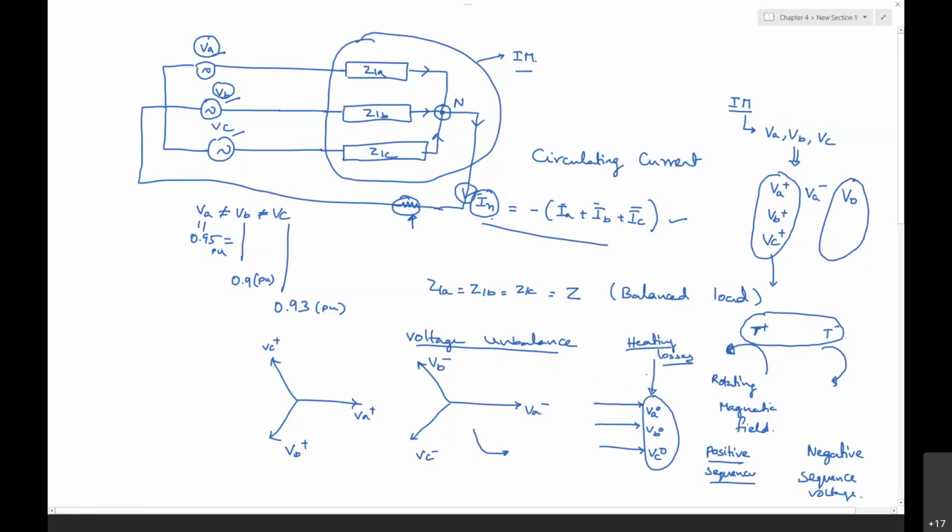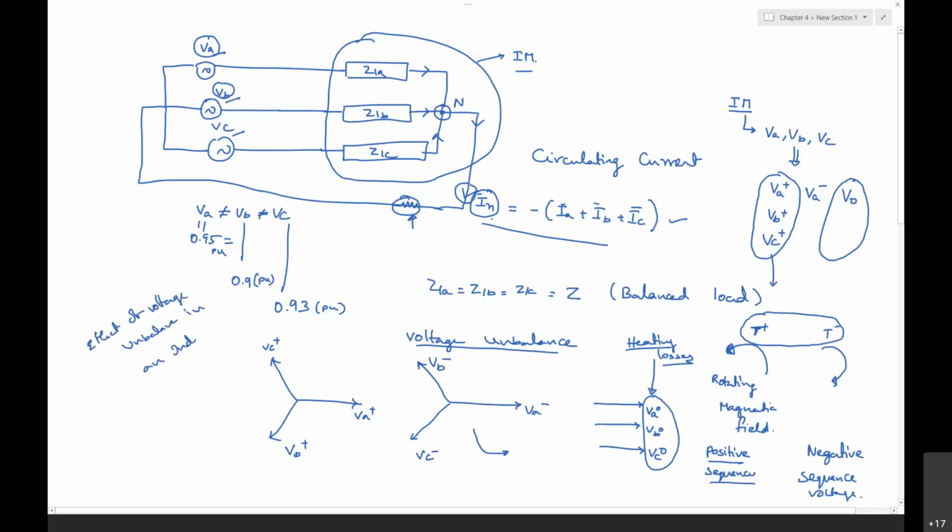This produces only the heating losses in an induction motor. This is one of the effects which you have to know, the effect of voltage unbalance in an induction motor.